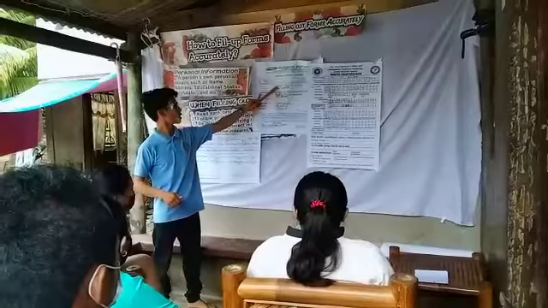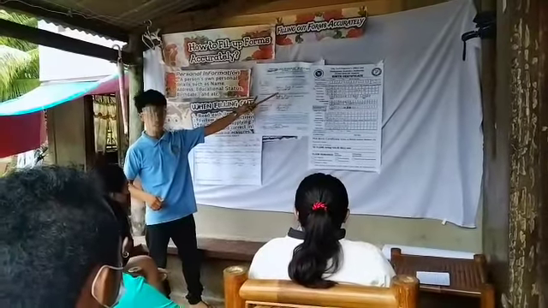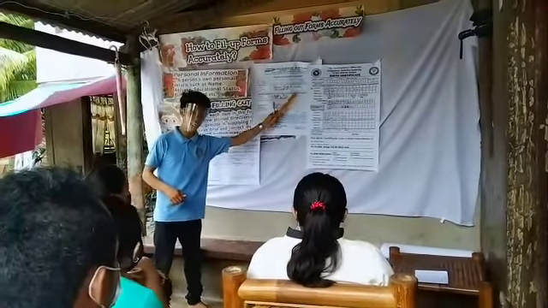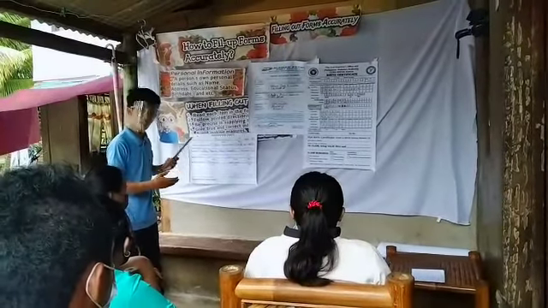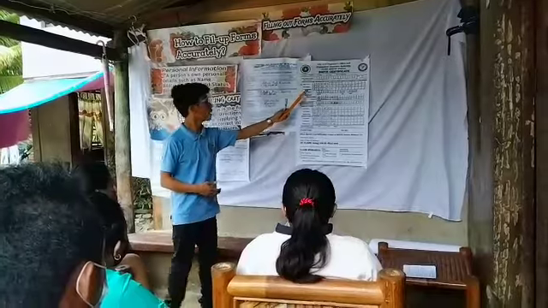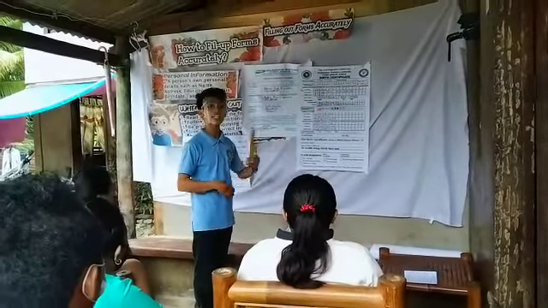Then, you have seen the difference between the three, di ba? First, we ask the name in the natural way. And here, they ask the name in another way. And here, they ask the name in another way.